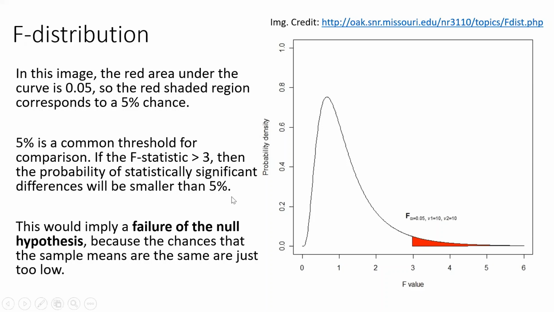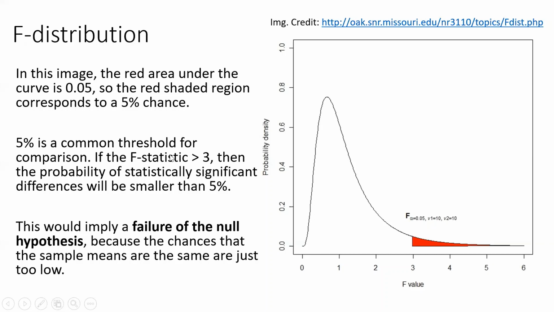If the F statistic number is greater than 3, then the probability of statistically significant differences is smaller than 5%. So the area under the curve dictated by the F statistic tells us the probability of whether or not our means are statistically significantly different or not.